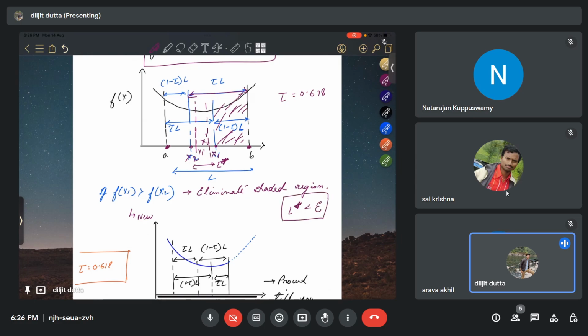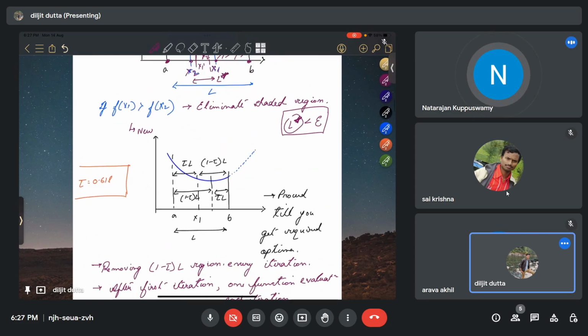Epsilon is our tolerance error. We will set it to somewhere like 0.01 or 0.02. It's a very small value. So then we will conclude that the optima will be in that region, and L star will be the optimum length, and the optima lies between that.